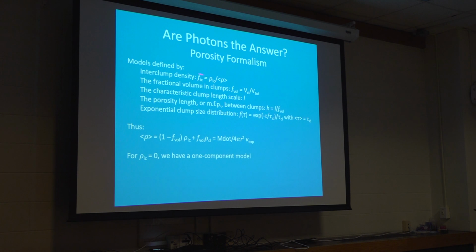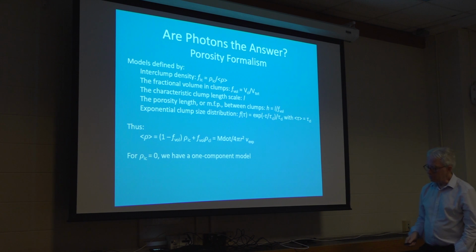One was to measure interclump density through a parameter f_IC, which is the ratio of the interclump density to the smooth density that you would have in a 1 over r squared flow. And then to put a certain volume of the envelope into the clumps, defined by f_volume. So we split our envelope into an interclump medium and a clump medium.